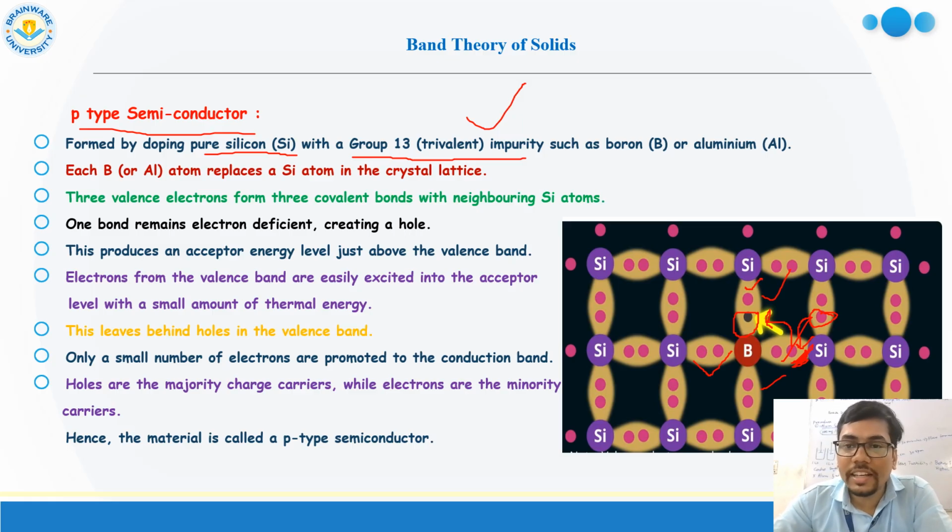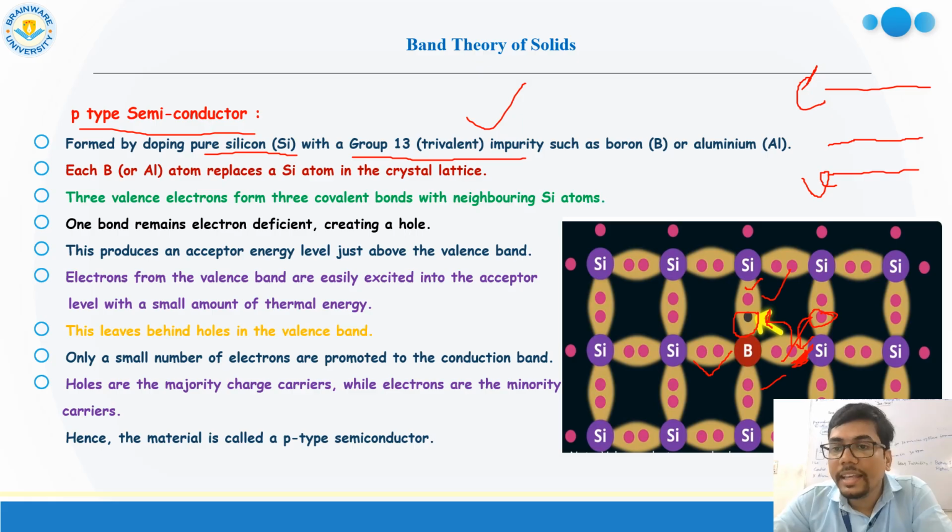And what happens in this case? In this case, there is a valence band and there is a conduction band. Obviously, because the energy gap is high, a very small amount of electrons can move from the valence band to the conduction band. But these holes create an impurity acceptor level, because a hole has no electron, so it's a lack of electrons.